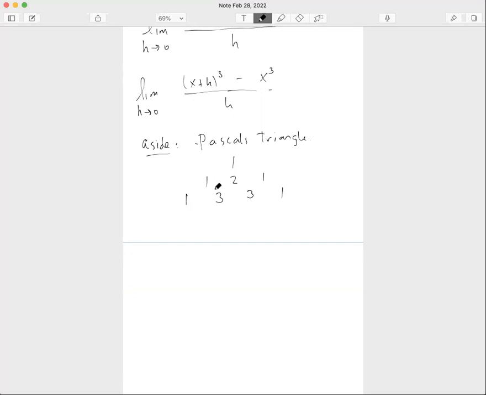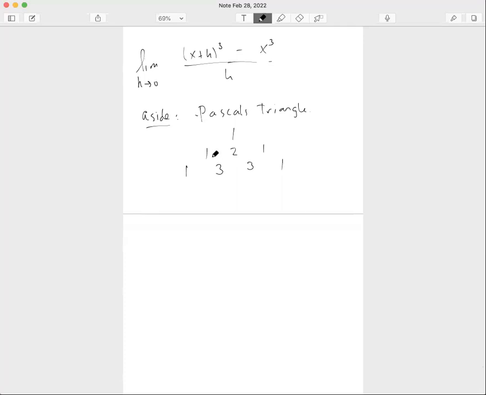Can you tell me how you get the threes? You add the two numbers above, 1 plus 2. Right, good. So what would the next line be? 1 4 6 4, and then 1. Good, yeah.